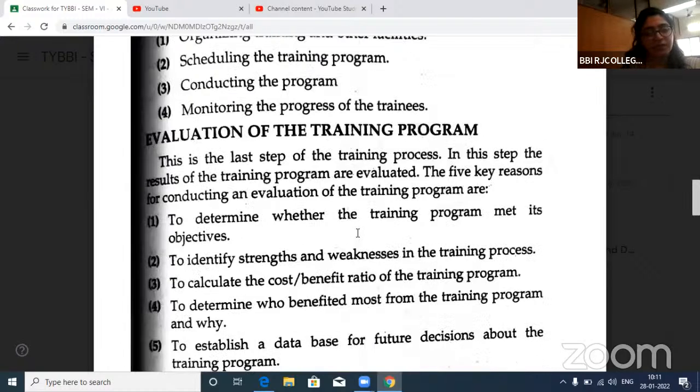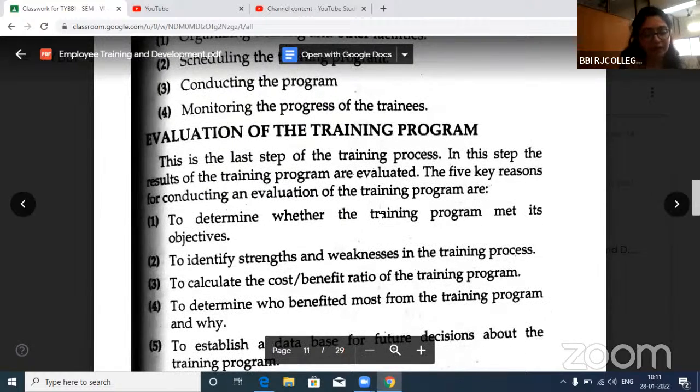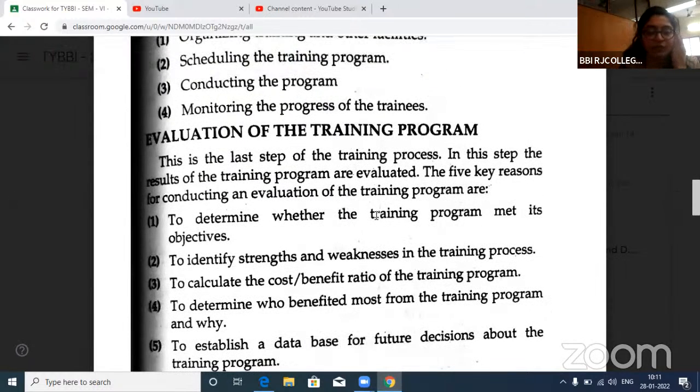And the last step will be evaluation. See, always remember, evaluation, follow-up will be the last step only. Evaluation means to see whether everything is working as per the desired targets. That means if you have decided training to be conducted in this manner or with this method, is the training going on properly?